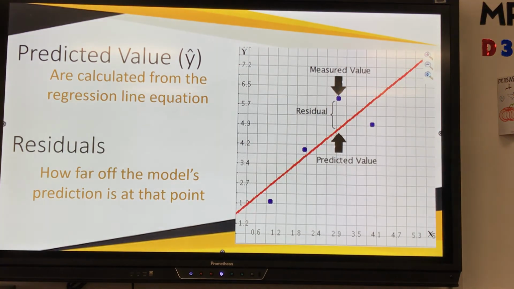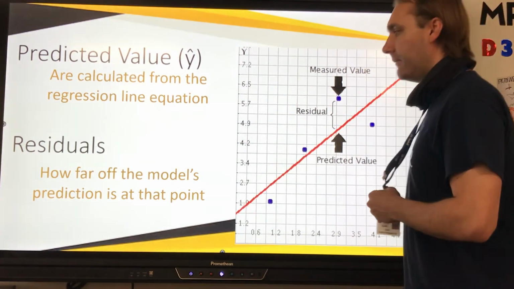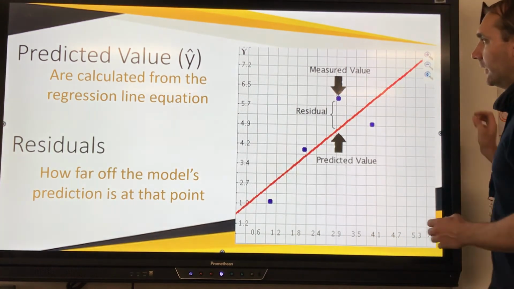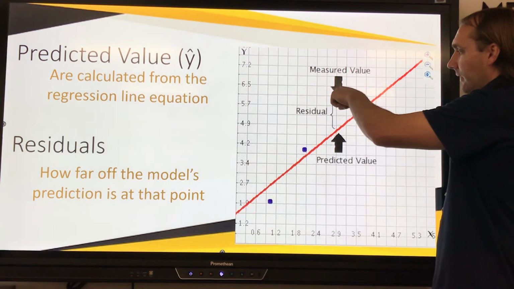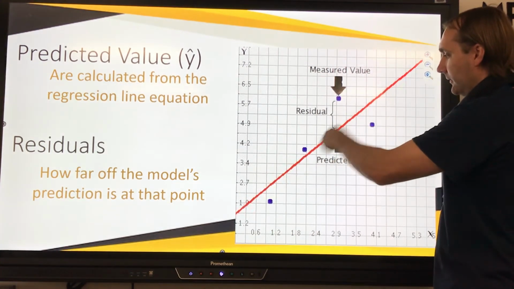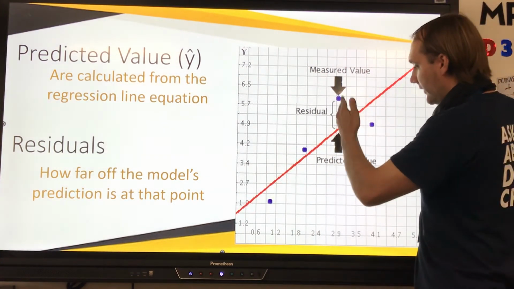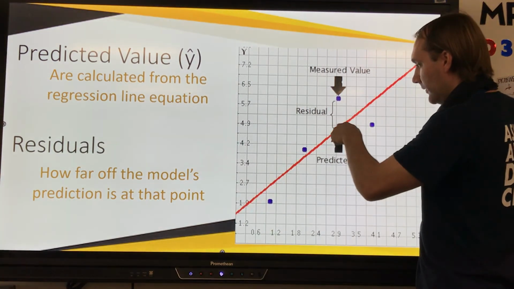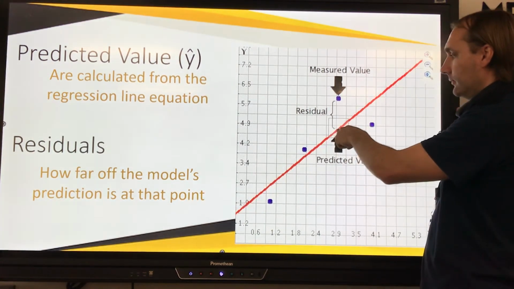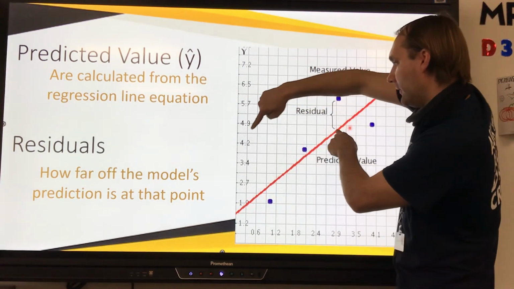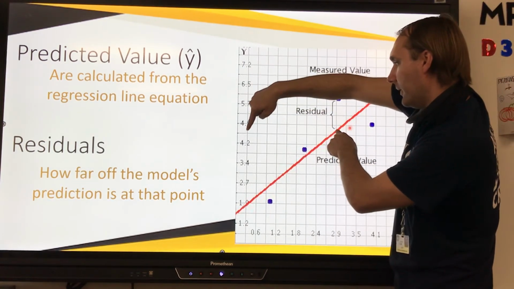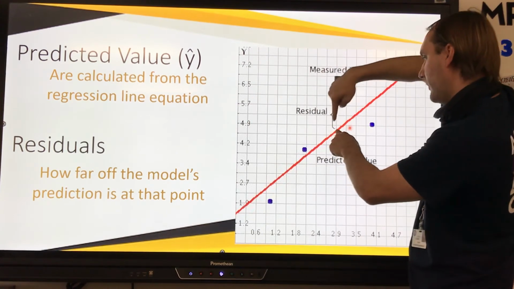Predicted values are calculated from the regression line equation, and residuals are how far that model's prediction is from that point. So I have my actual value here. I have my regression line. My predicted value is going to be on that same x, but I'm looking at the y value. In this case, my predicted value based on this regression line is about negative 4.6.